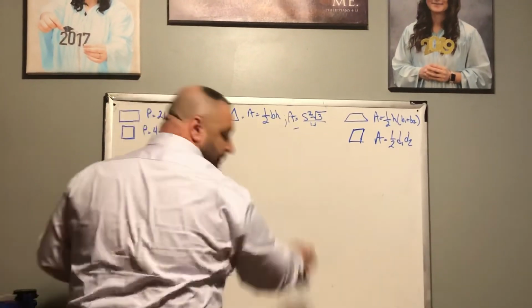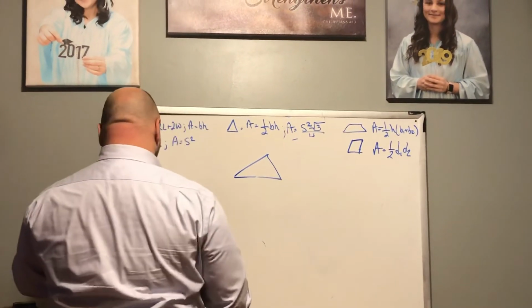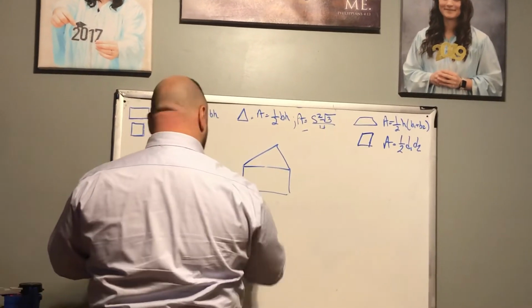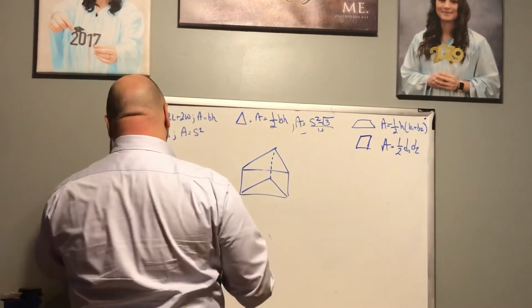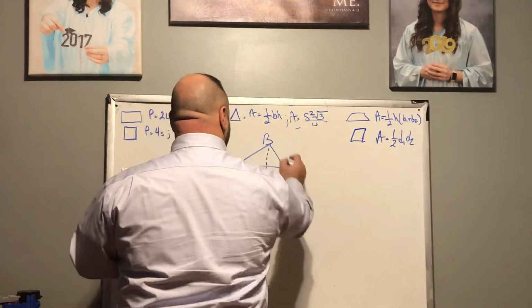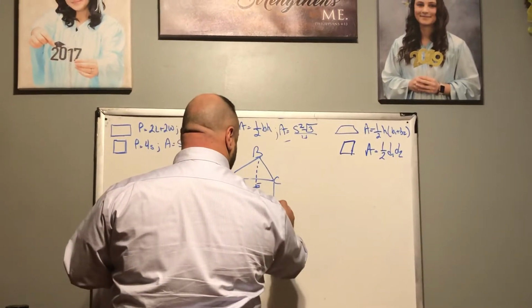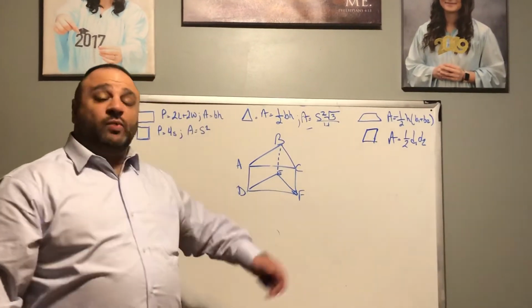All right, let's call A, B, C, and then we have D, E, F. All right? So, again, what's the shape of the base? We have a triangle.